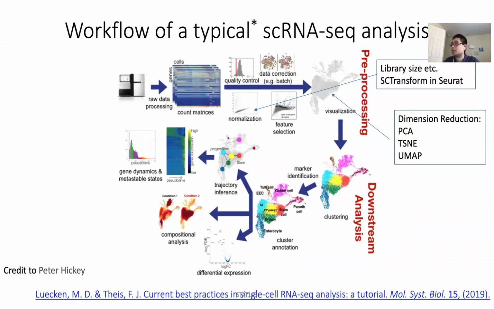Let me explain what TF-IDF is. This TF-IDF, or term frequency inverse document frequency transformation, was first used in this paper, Cusanovich et al., 2018 in Cell. They used this TF-IDF transformation to somehow normalize the single-cell ATAC-seq data. In the methods section, it says, we first weight all the sites for individual cells by the total number of sites accessible in that cell, and that's the term frequency.